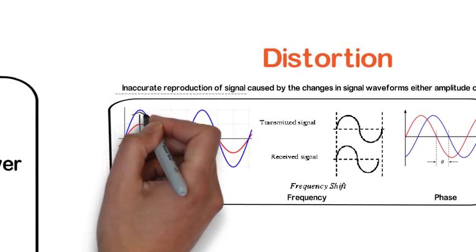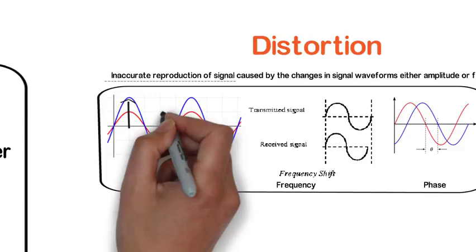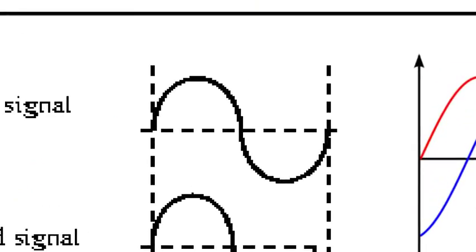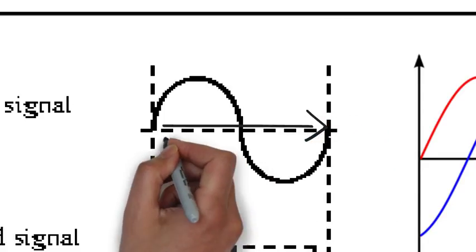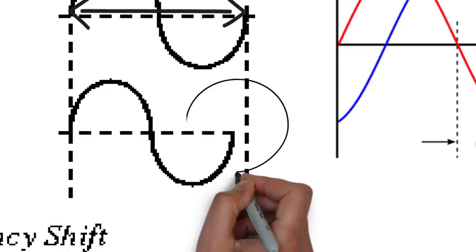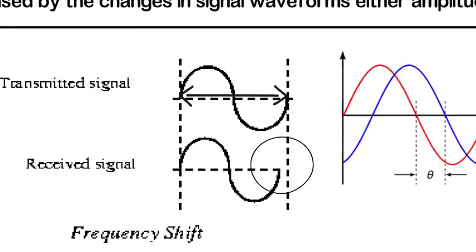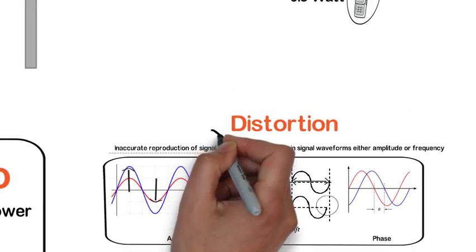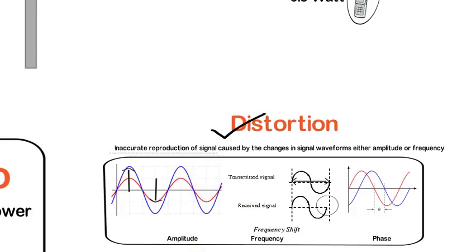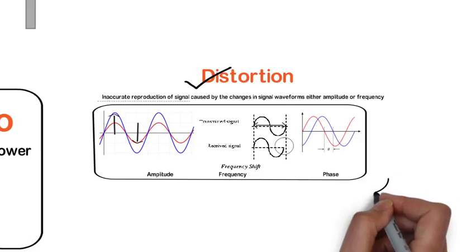Either the amplitude increases or decreases, or the frequency increases or decreases, due to which the overall waveform or characteristics of the wave is distorted, and therefore this kind of disturbance impairment is known as distortion.